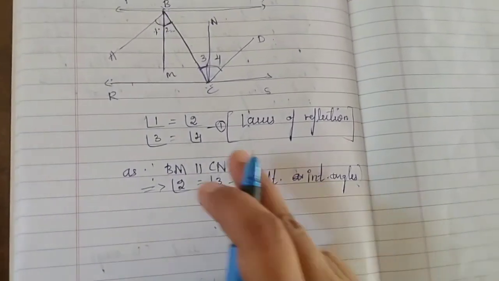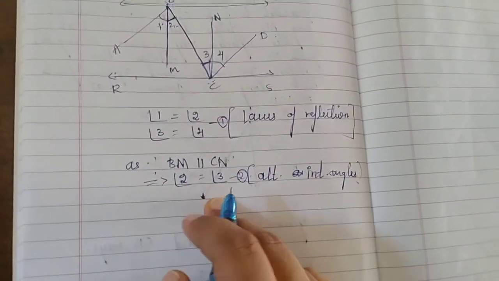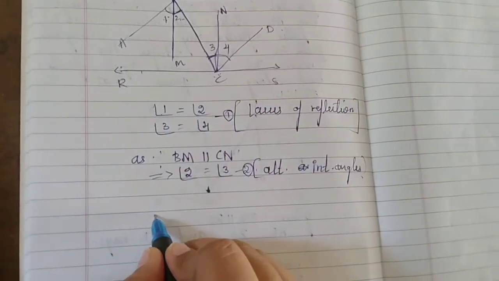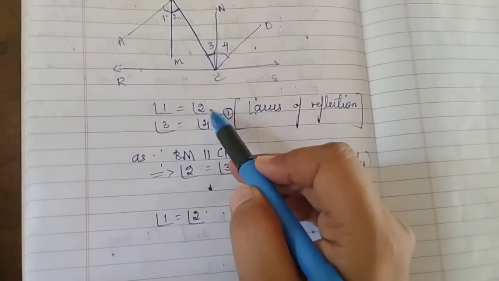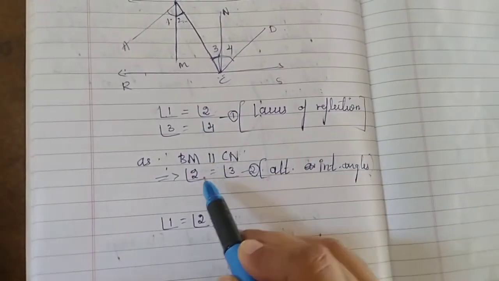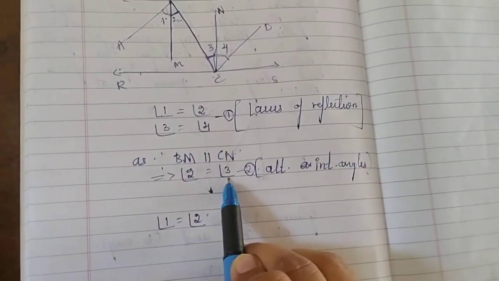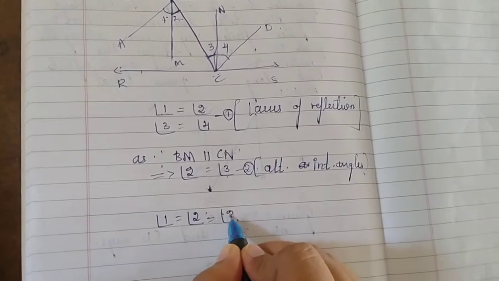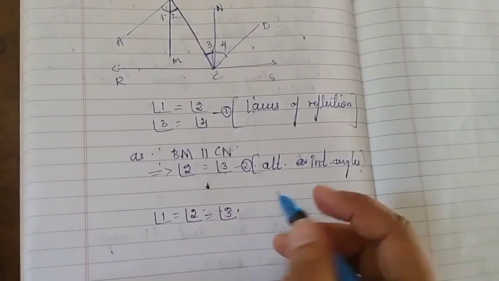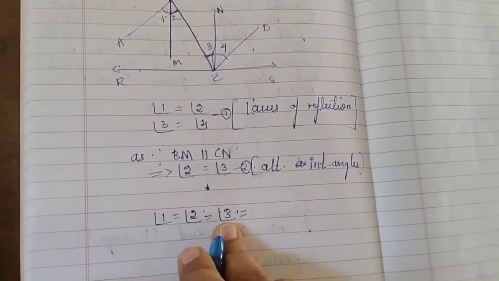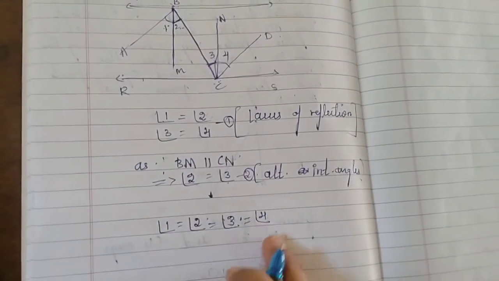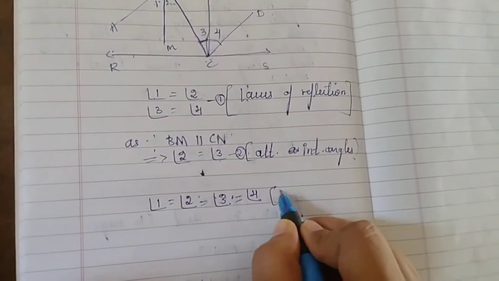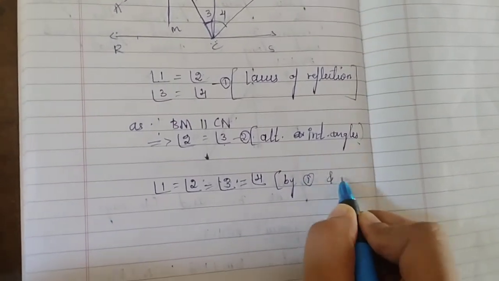Now by comparing equation 1 and 2, what you can write here: in equation 1, angle 1 is equal to angle 2, right? But angle 2 is also equal to angle 3, so I am writing here angle 2 is equal to angle 3. Now you can see angle 3 is also equal to angle 4. So all the angles are equal to one another by comparing equation 1 and 2.